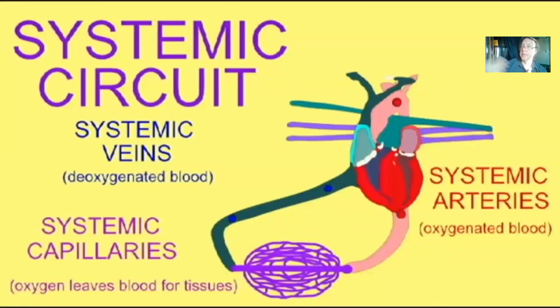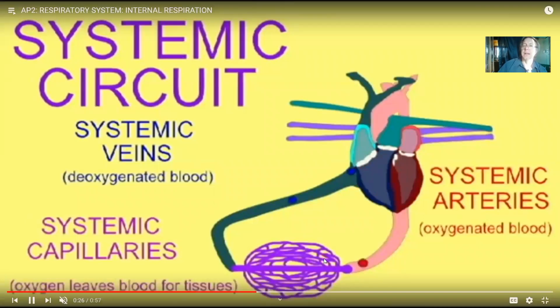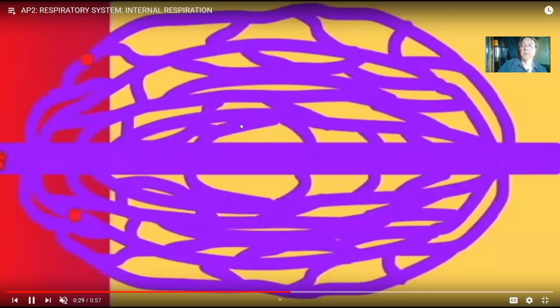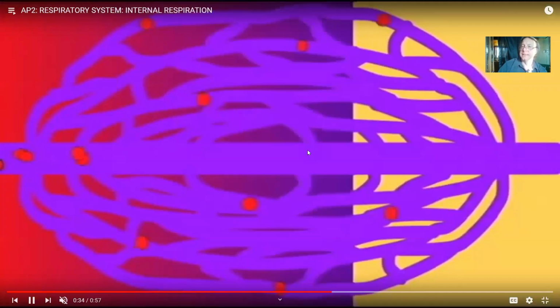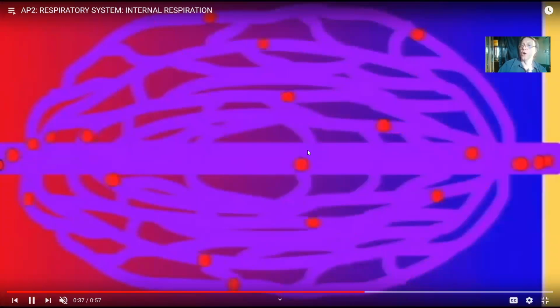And the oxygen leaves to give the brain, the hand, the foot the oxygen they need, and the carbon dioxide, which had built up in these tissues, then comes into the blood. So here we have another gas exchange, but now the oxygen is leaving the capillary and carbon dioxide is coming in, the opposite of what we had just described. And this is what is called internal respiration.